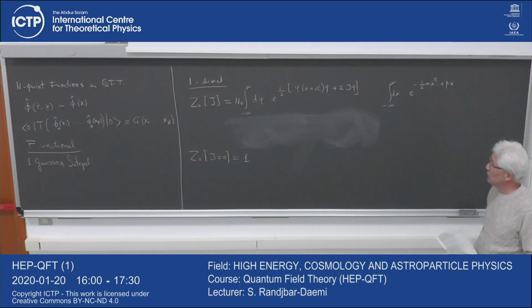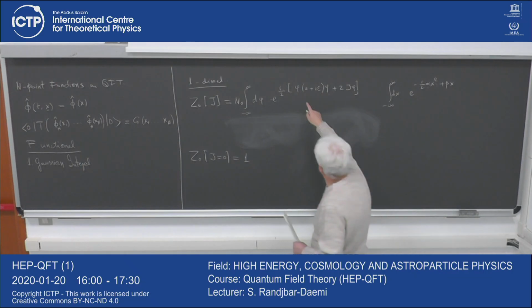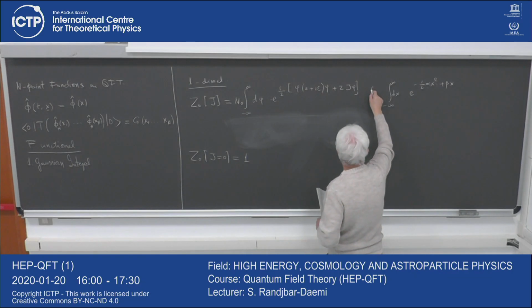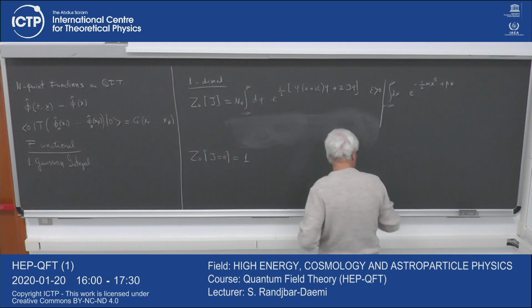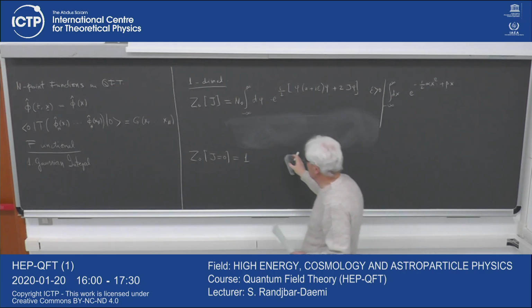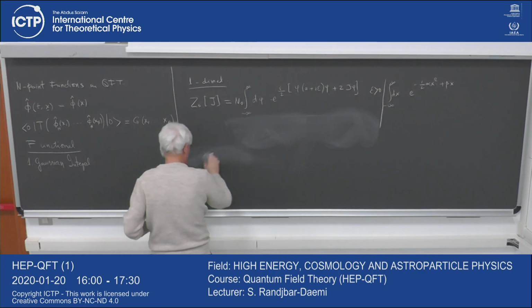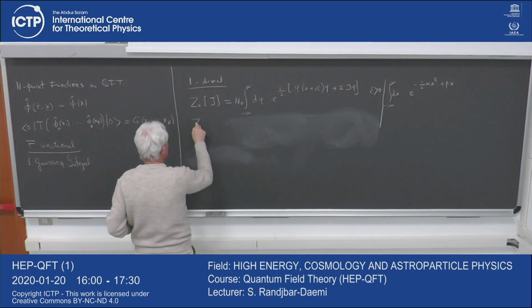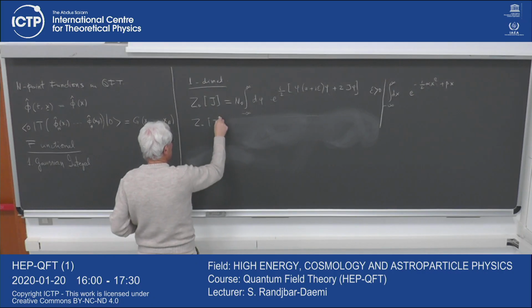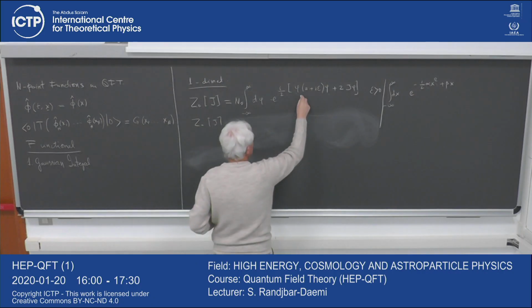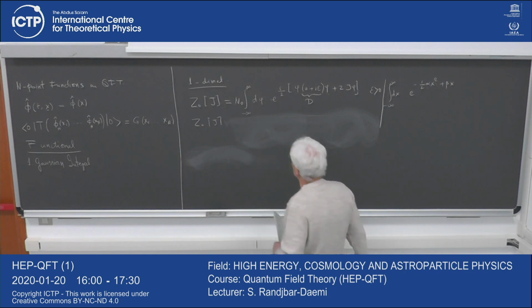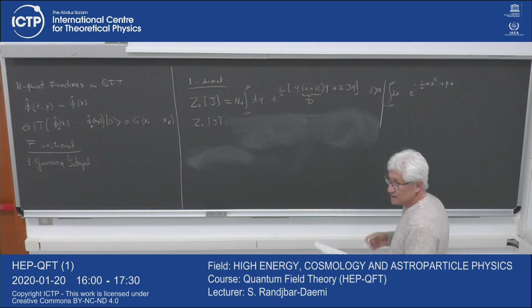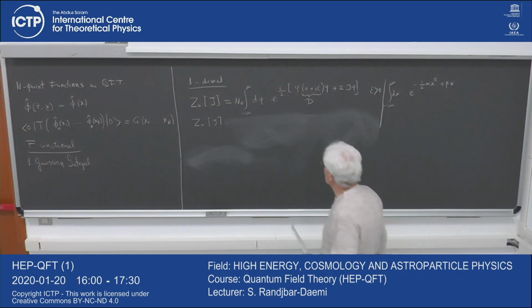Now, you know how to do this. First of all, it's too long. Let me put this condition here, sorry. That's a very important condition. This number here, I'm going to call it D. All this strange notation is because we want to generalize it.